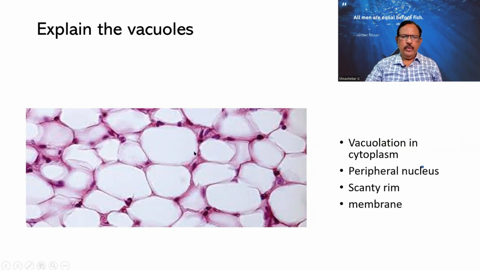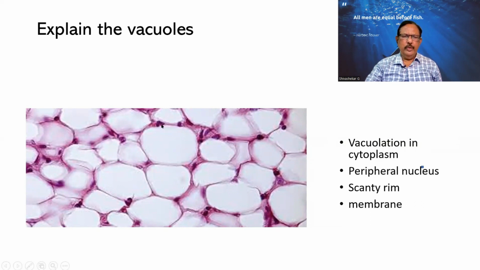Forget the nucleus. Are you able to see a thin tint over here? That will be the cytoplasm, which we can say is almost indistinct. And the very thin line outside is the cell membrane. Then where is the nucleus? Look at this dot over here, which has been pushed to the periphery.